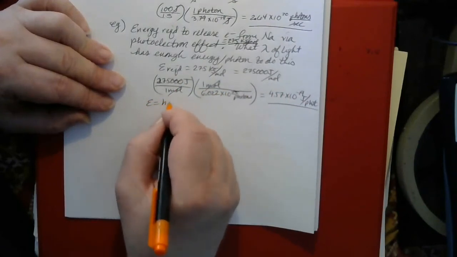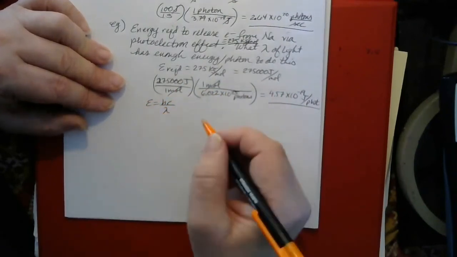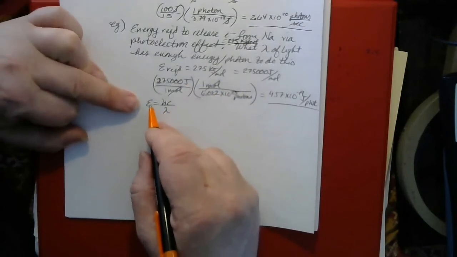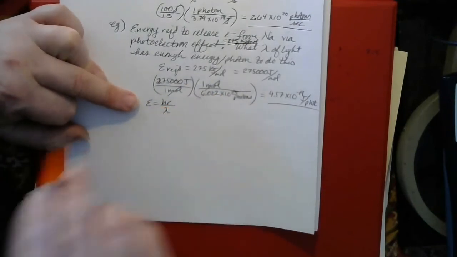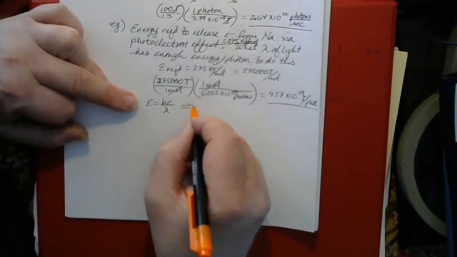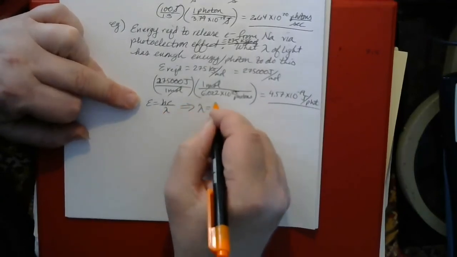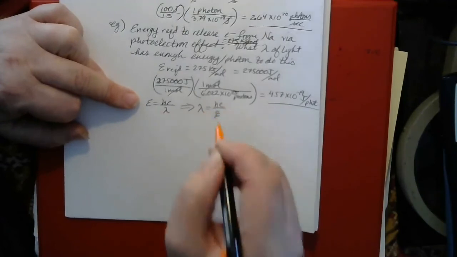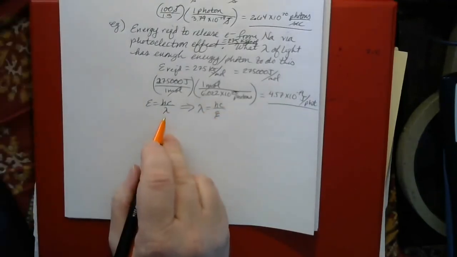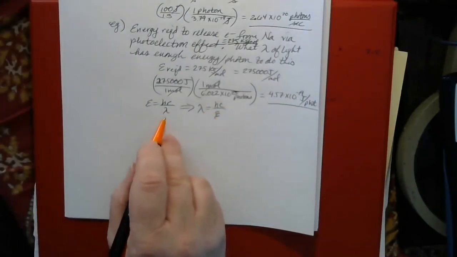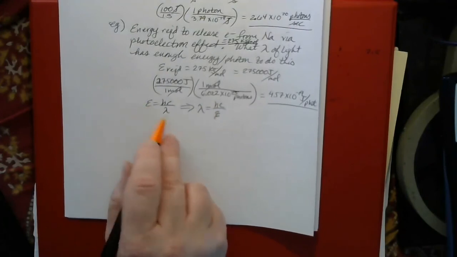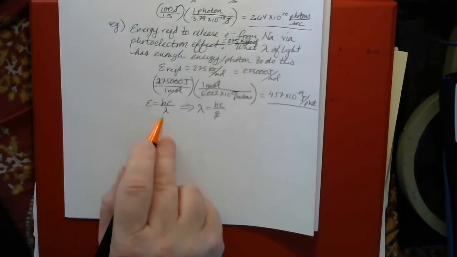And we know if we want wavelength, we can use the equation E equals hc over lambda, but we're going to have to rearrange it to find lambda. Lambda is hc over E, because when you're looking for something that's on the bottom of a fraction, you can exchange it with whatever is on the other side of the equal sign.